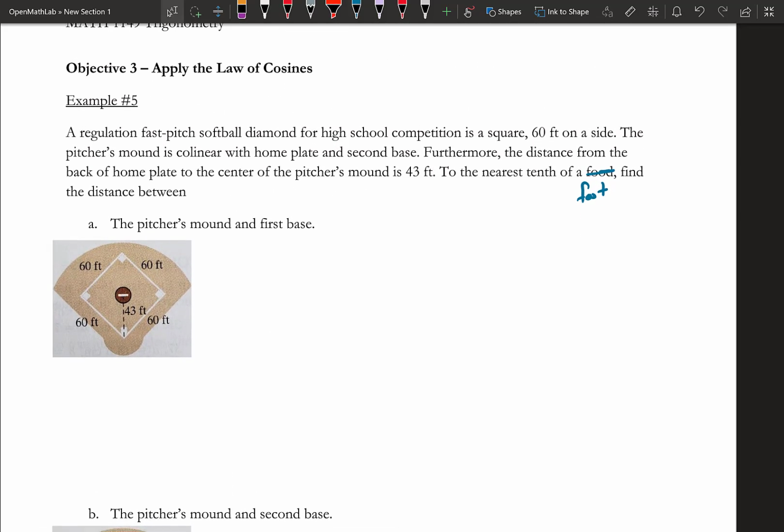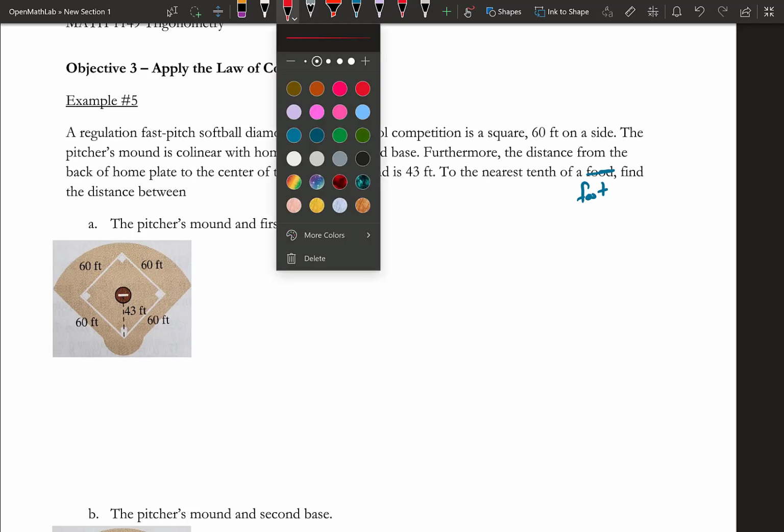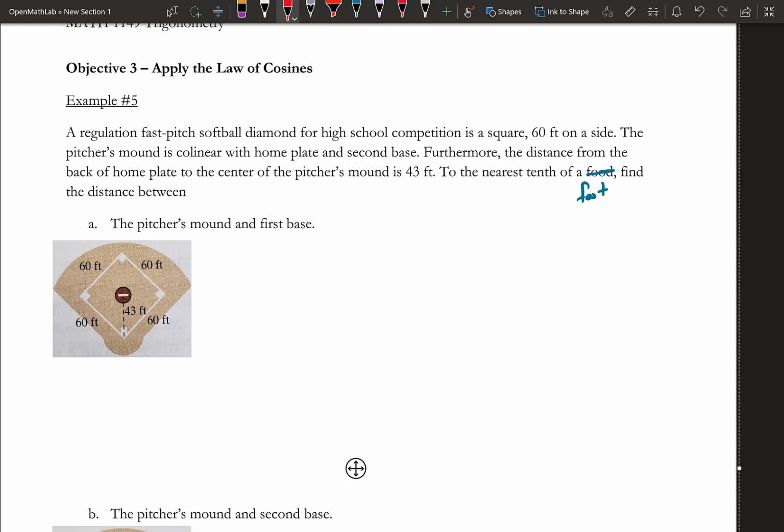So here's a diagram to help us. Let me draw this in red. Basically what we're trying to find is the distance between the pitcher's mound and first base, right? This is first base. So I want to find this distance here, and I'm going to call that little lowercase a.